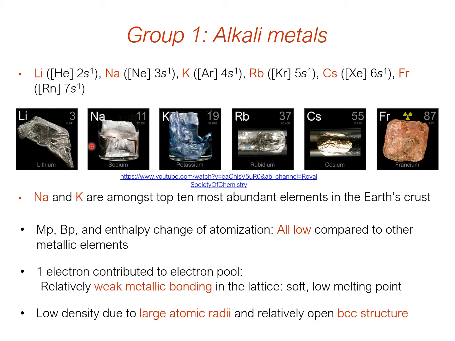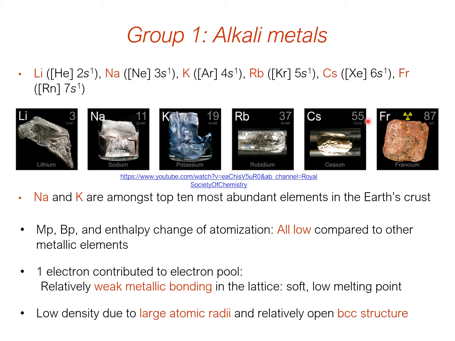So you've got the cations with a pool of electrons flowing between these cations and holding it all together. And these cations each only supply one electron to this electron pool. So the forces between these are not so strong, and that means there's weak metallic bonding and leads to things like low melting point, low boiling point.